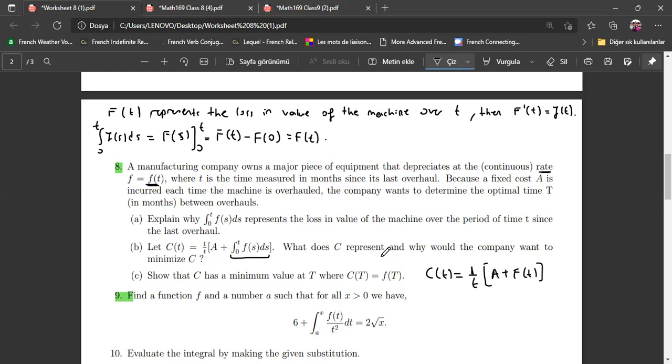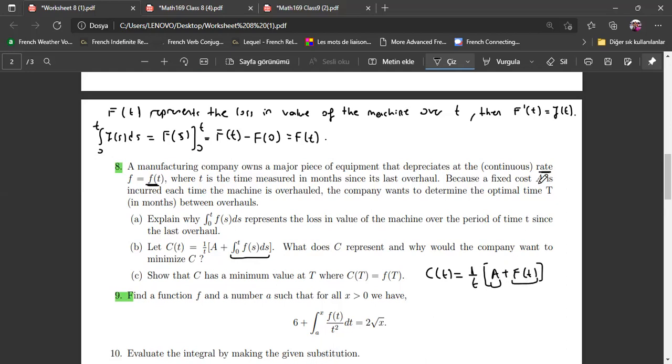So C represents the amount of money lost between the repairs of the machine, as it can be seen as 1 over t times A plus F of t, and F of t was representing the loss.